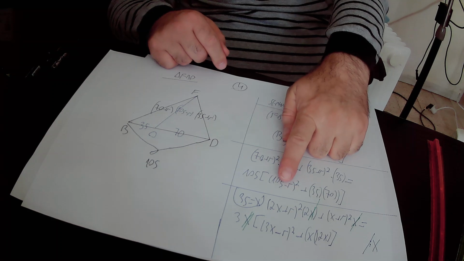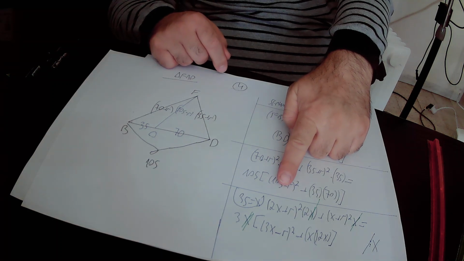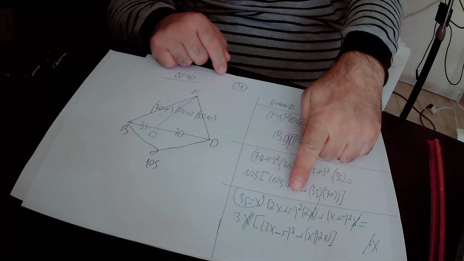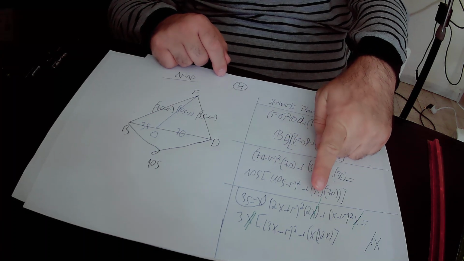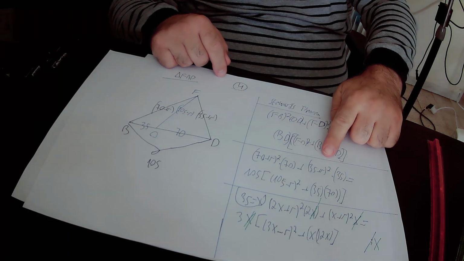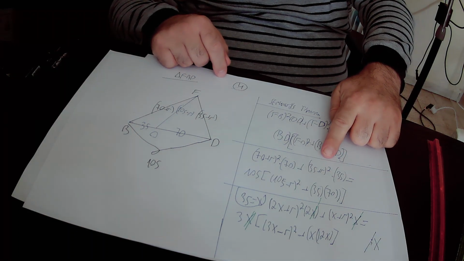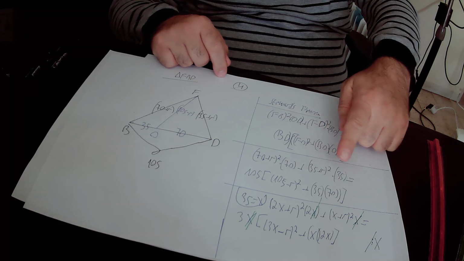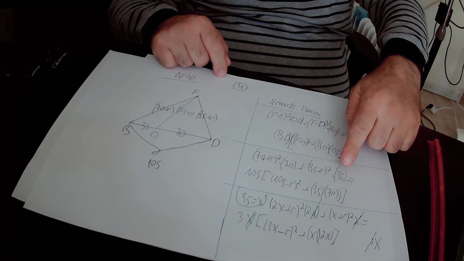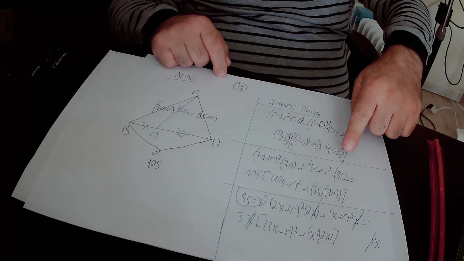70 is 2 times 35, that is to say it is 2x, plus r square times 70 is 2x plus 35 is x, so it is 35 plus r is x plus r square times 35 is x.